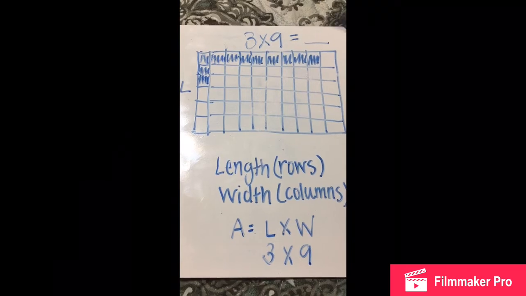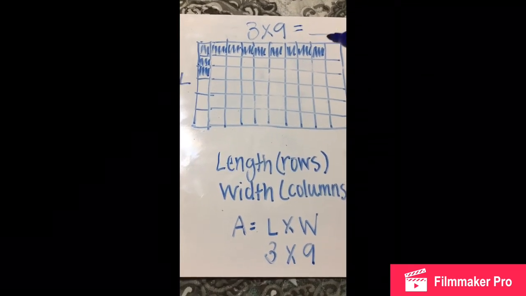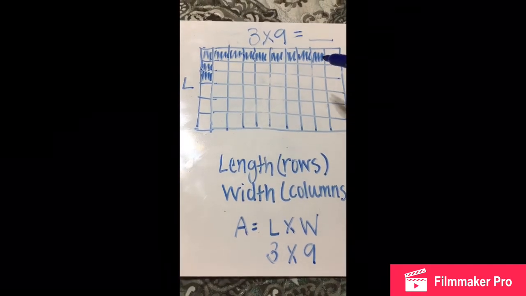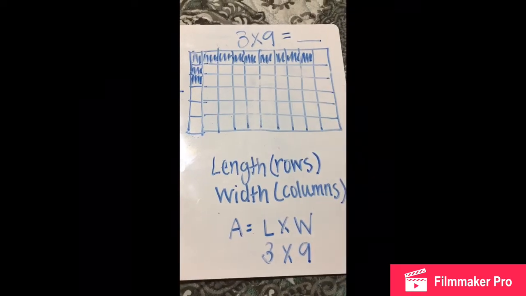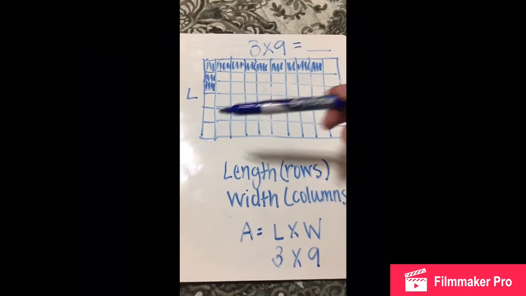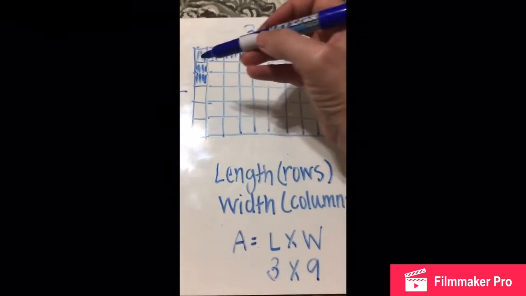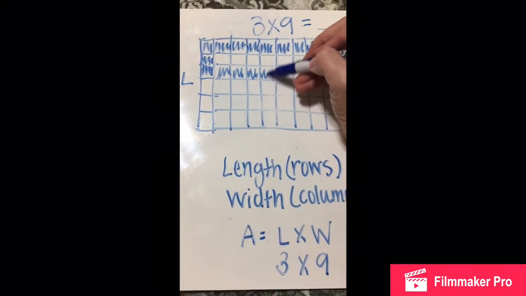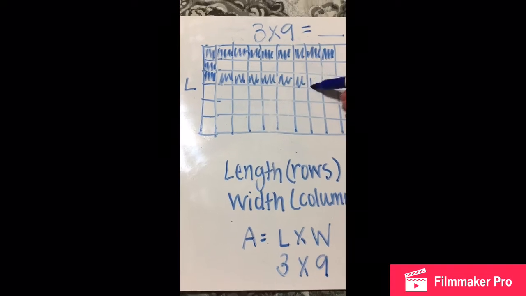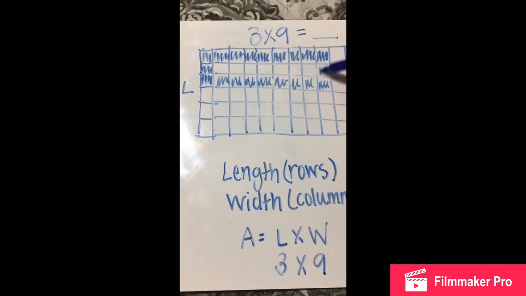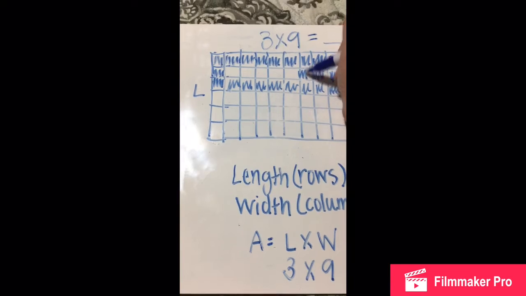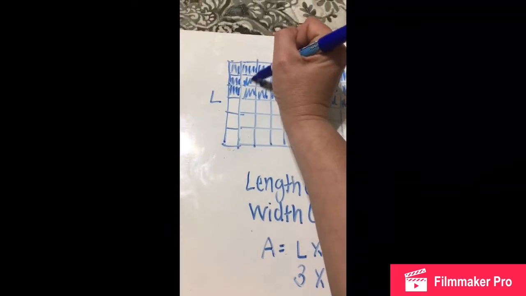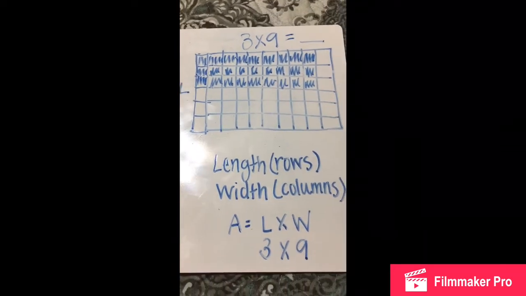So I can count, because area is how much the inside measures. So in order for me to measure it, I have to fill in the rest of that rectangle. But I'm not going to go any more to the right, and I'm not going to go any more down because I've already filled those in. I just need to continue filling in across my rows. And now my model's complete and I can find my area.